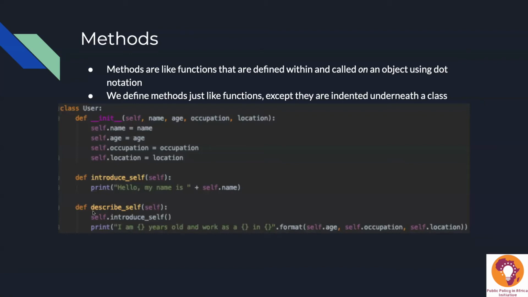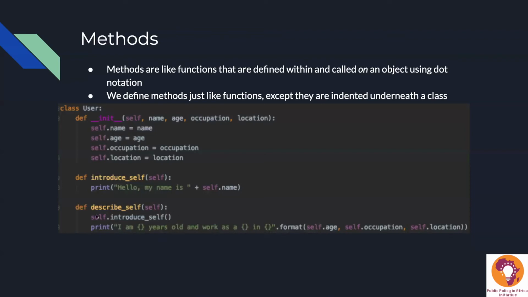So the first thing that's going to happen in describe self is introduce self will be invoked. Notice nothing's passed here because the only parameter there is self, so there's no need to pass anything. Whenever you're invoking a method on an object, you just ignore the self parameter. So here I'm just doing self.introduce self.